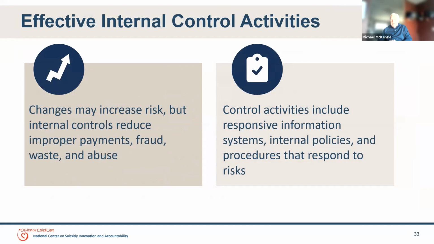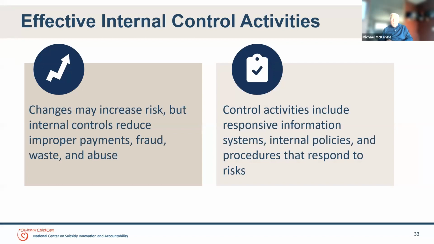We just want to get into a little bit more in depth on the program integrity aspect of this. And the good news is you can increase access and maintain program integrity. So we just want to talk about that a little bit. Simplifying your application and the process connected to any type of program change really could increase your potential risk within your program.